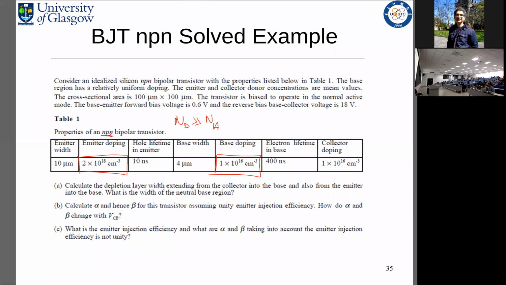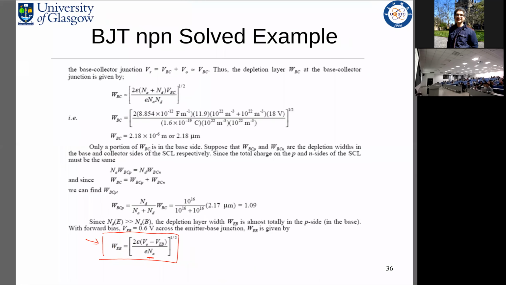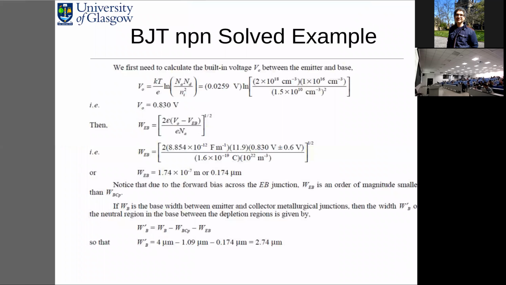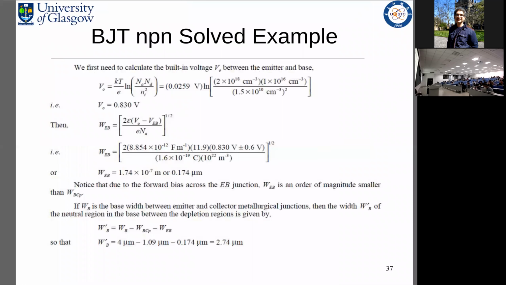So this applies to a BJT or a PN junction diode, and as you know, a BJT has 2 PN junction diodes. Again, I strongly encourage you to go through this worked example.